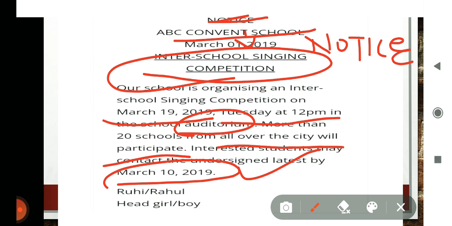So this is the exact detail. You can see here the date of the event is given, the venue is the school auditorium, and when it will start and when it will end, everything is given along with the date. To whom you need to contact, each and everything is given here. So this is known as a perfect notice.